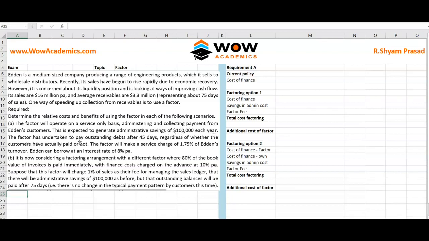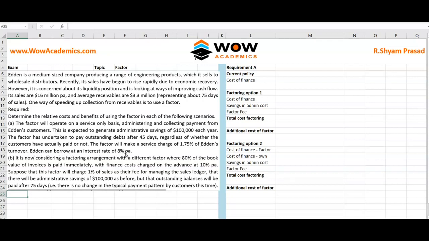The factor has undertaken to pay outstanding debts after 45 days, regardless of whether the customers have actually paid or not. The factor will make a service charge of 1.75% of Eden's turnover, and Eden can borrow at an interest rate of 8%.